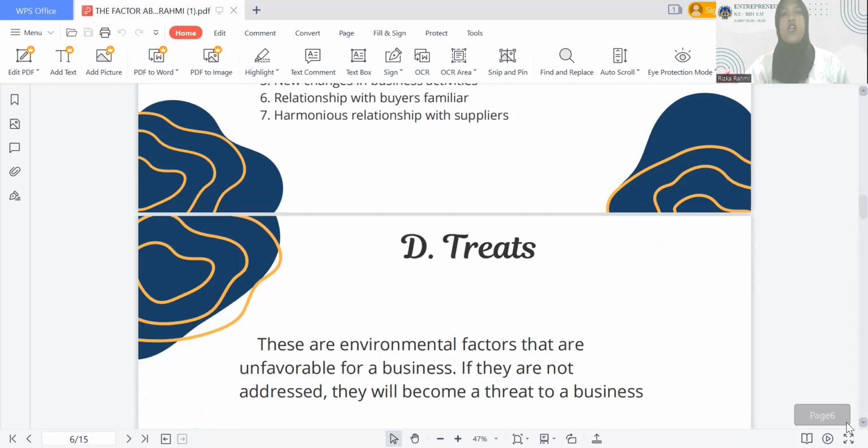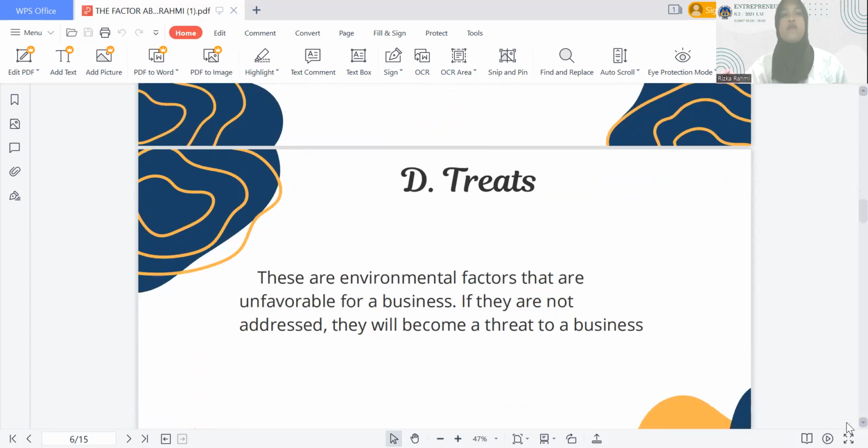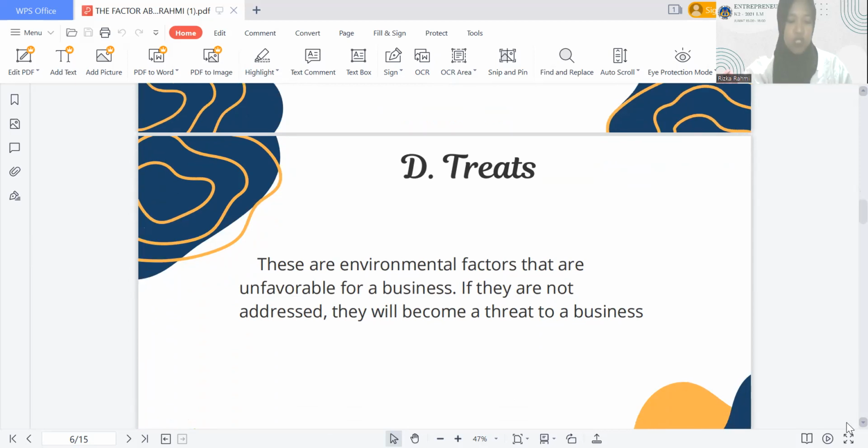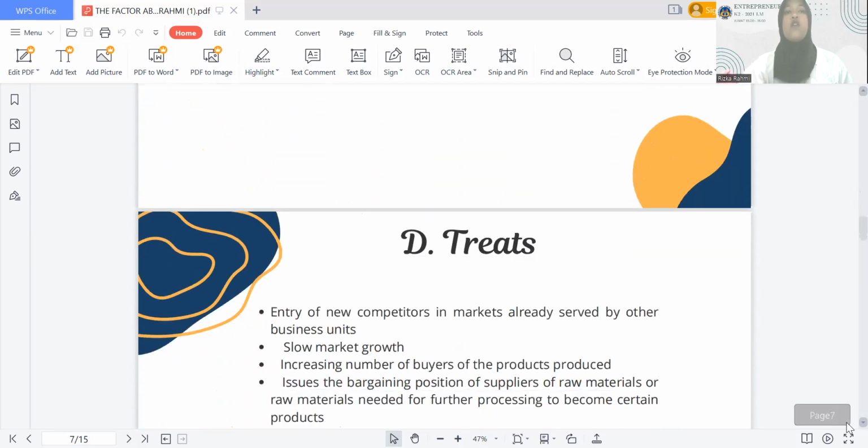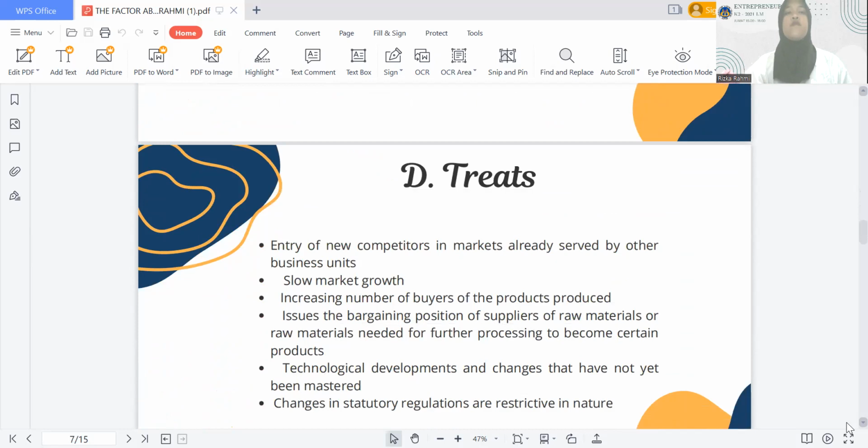Okay, and the last is threats. These are environmental factors that are unfavorable for a business. If they are not addressed, they will become a threat to a business. The first is entry of new competitors in markets already served by other business units.